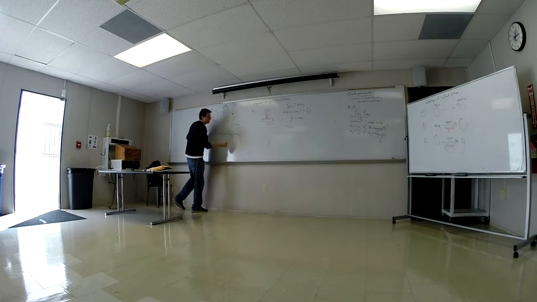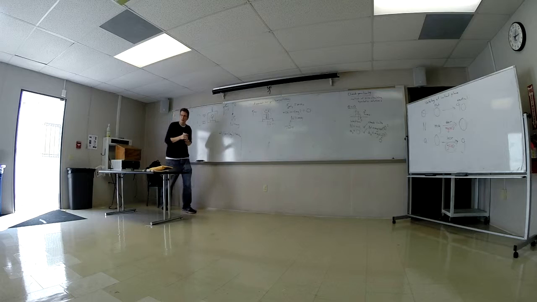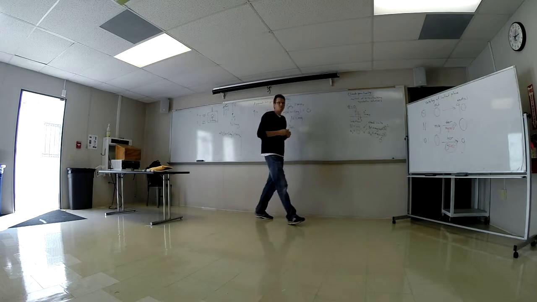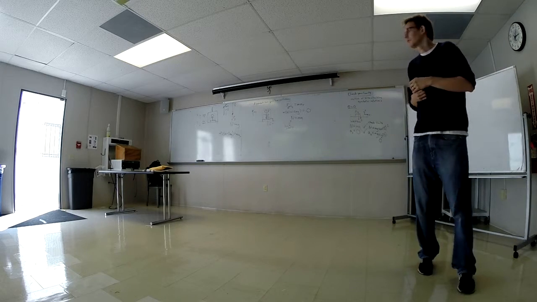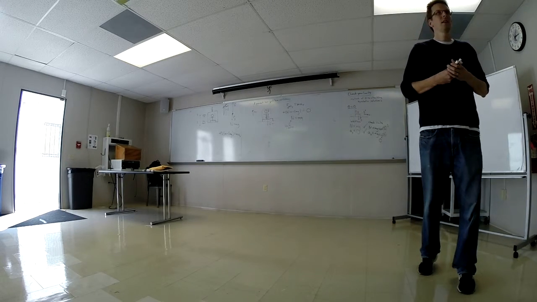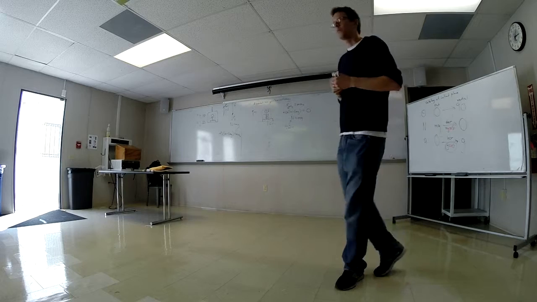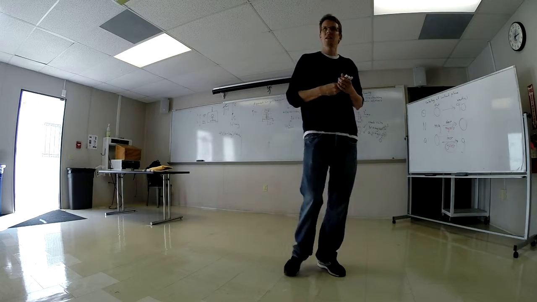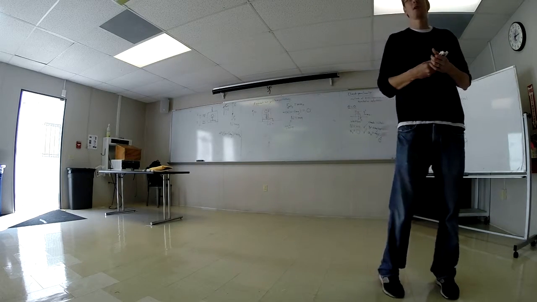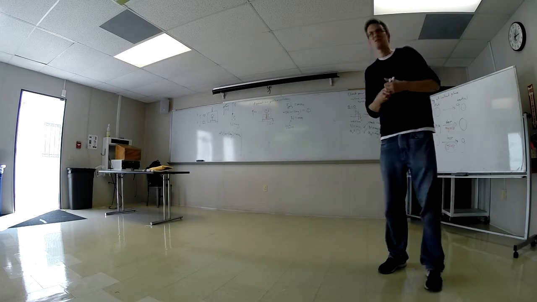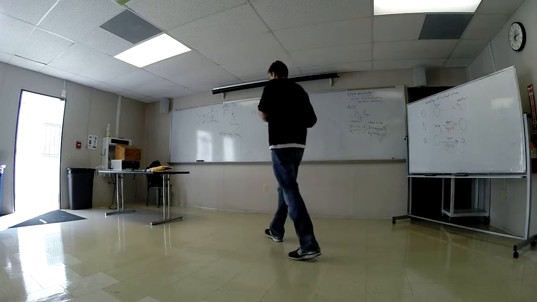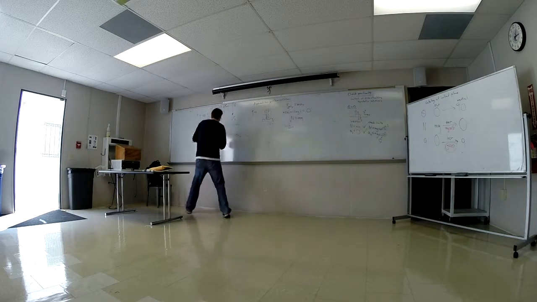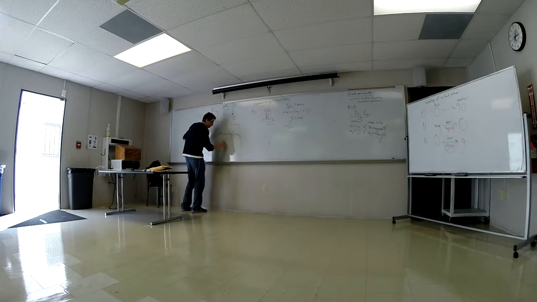Only now I'm very careful to leave the acceleration in place, to acknowledge the fact that the 2 forces that are acting cannot cancel. They cannot cancel because I know the person is accelerating. And anytime anything's accelerating, there has to be a net force. And if there's a net force, it means the forces that act on it do not cancel. There's some left over. So you can solve here for the normal force.